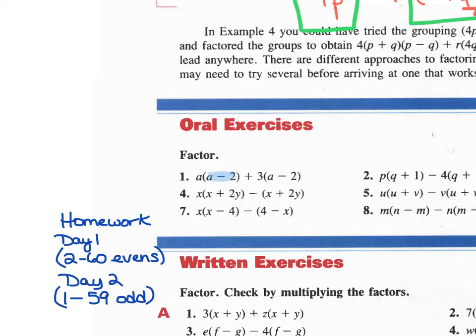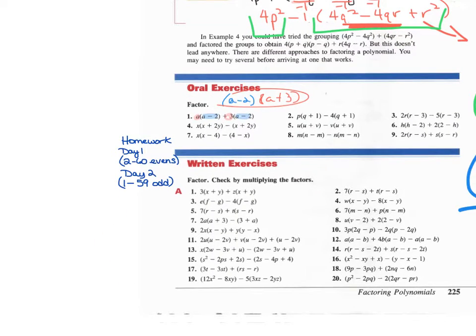So you take one of them, the a minus 2's, you write it, and then you take the two GCFs, or the things outside the parentheses, and then what goes into the other parentheses. So that would be your final answer. On the beginning part of the homework, that's all you're doing, they've already factored it for you. Now if the signs look backwards, that's when you'll pull out a -1.